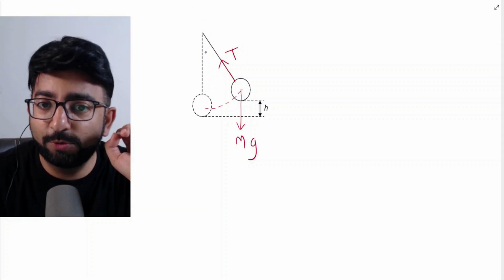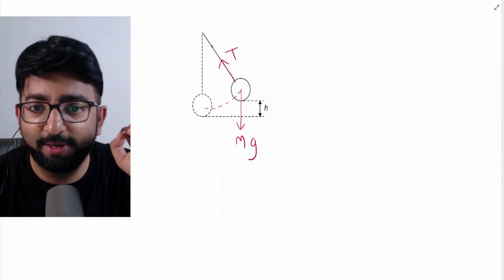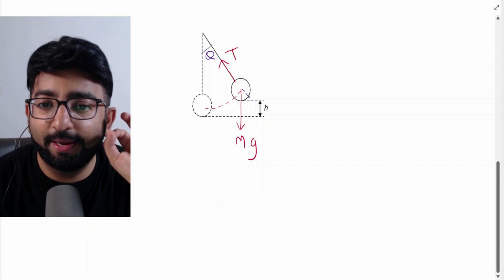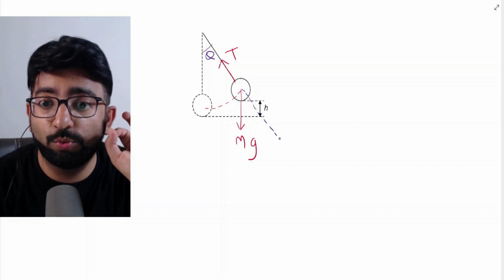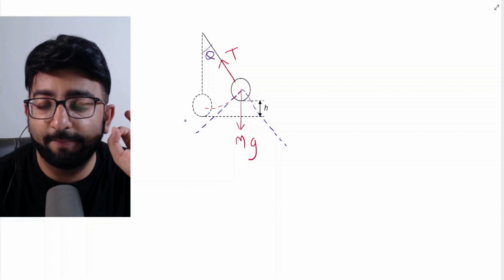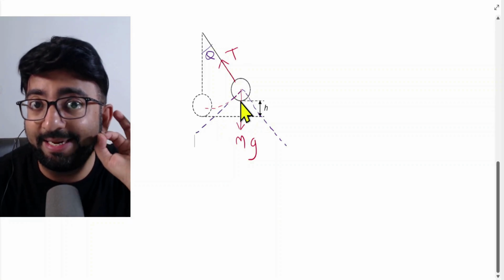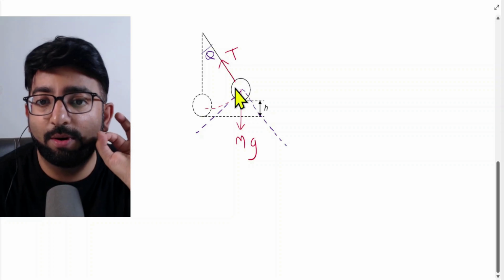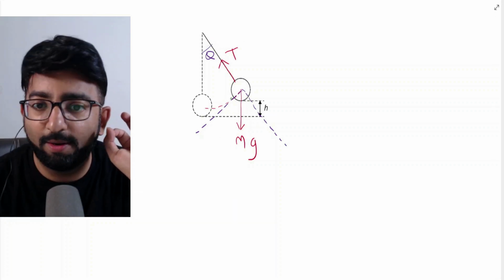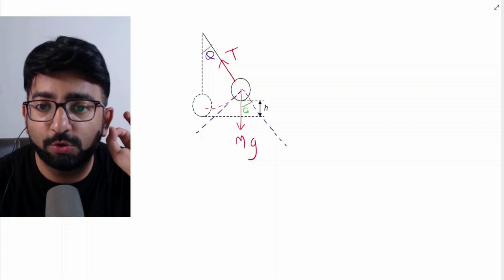So imagine this particular angle is theta. So let's say this angle is theta. Now what we need to do, we will break the mg into two components. One component will go this way, another component will go this way. This component is basically tangential to that circular arc. Now, if this angle is theta, so this particular small angle, let me label, this will also be theta.